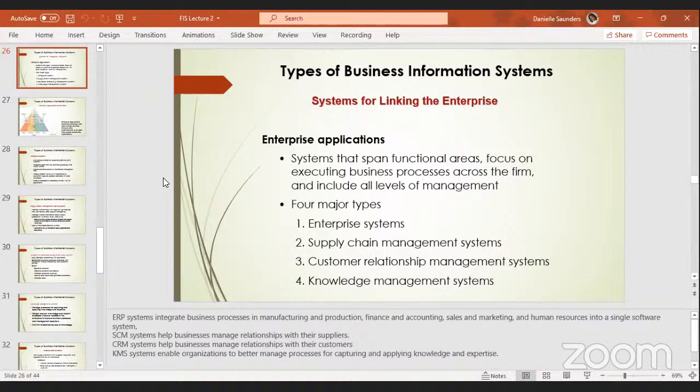And the most important one, if a firm is medium or large, to make things work well, is to have enterprise systems, otherwise known as enterprise resource planning systems. What they do is essentially automate the internal runnings of a firm so the data within the firm can flow easily. So can we go to the next slide.